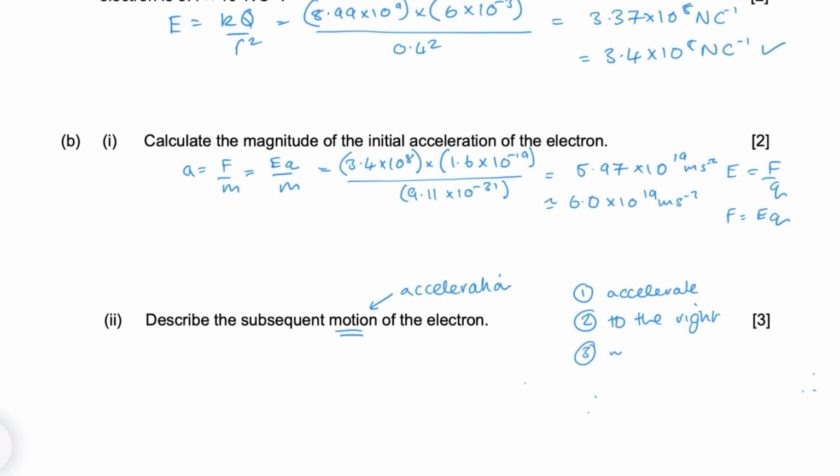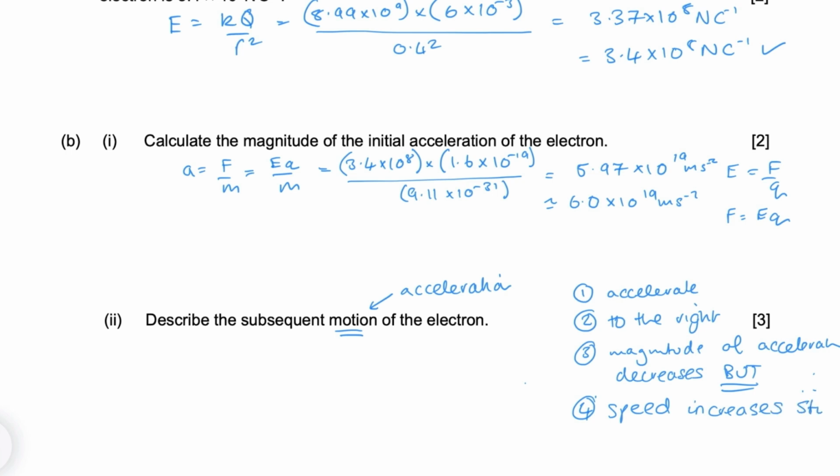So the magnitude of acceleration decreases, but the speed still increases. It's still increasing its speed, it's just not increasing as much because the magnitude of the acceleration decreases. You can put that into sentences if you want, but it'll accelerate to the right. The magnitude of the acceleration will decrease as it moves away from the charge, but the speed will continue to increase. There's your answer.